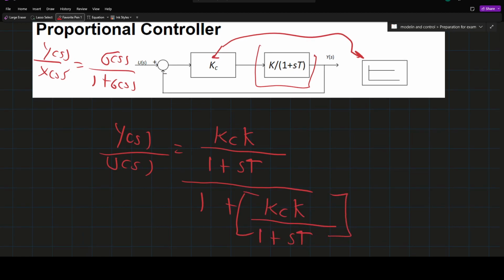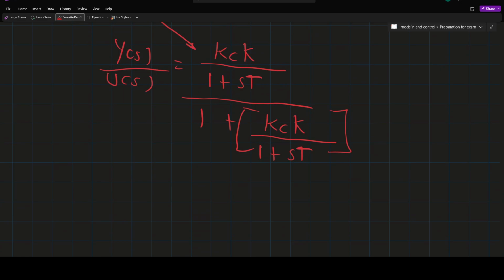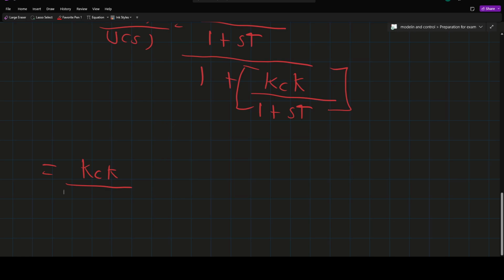We just need to simplify a little bit so it's easier to work with.